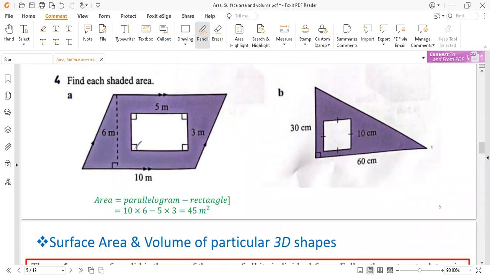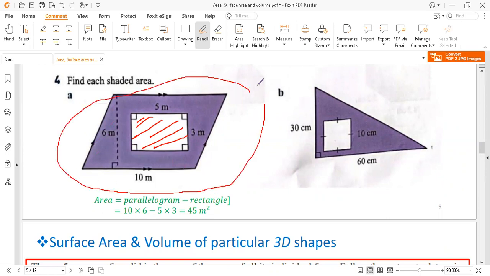In the following exercises, we have an empty region inside, but the empty region in white is a very particular 2D shape, a rectangle. As a whole, we have a parallelogram, so its area is height by base, 6 by 10.